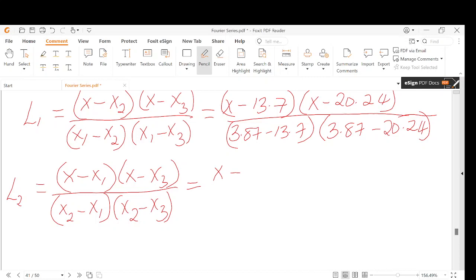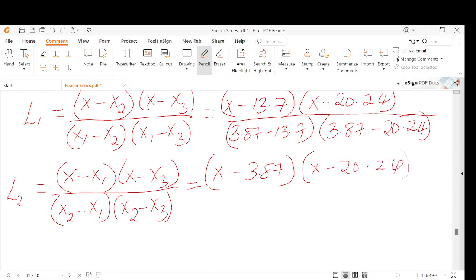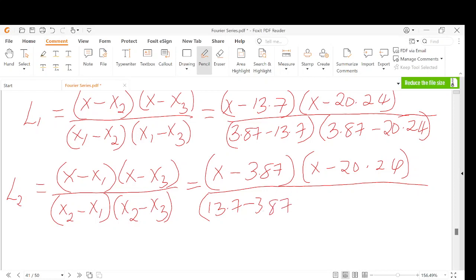So we have x minus 3.87, x minus 20.24, which is x3. Then the denominator we have x2, which is 13.7, 13.7 minus 3.87 multiplying 13.7 minus 20.24.